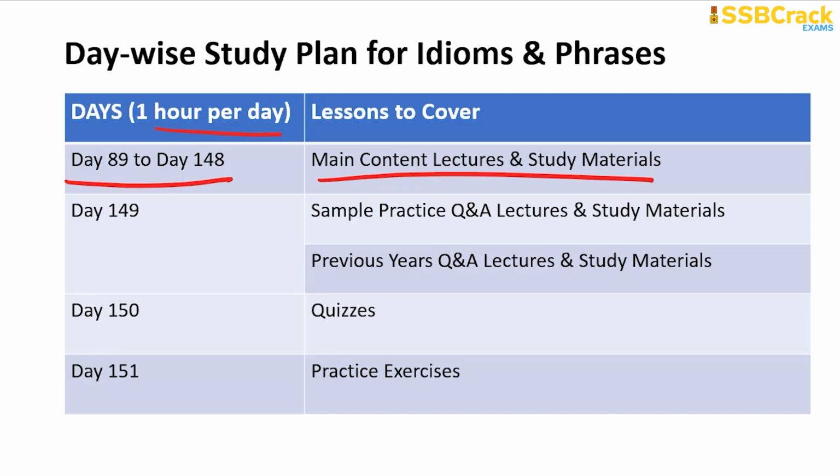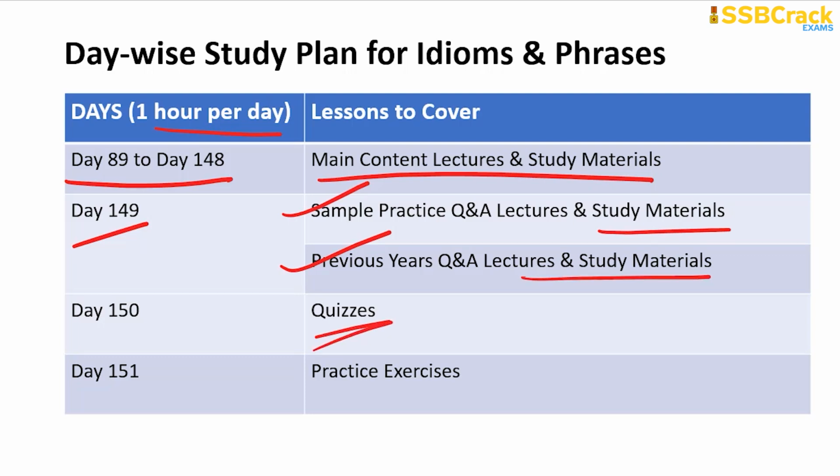I have given lists of idioms and phrases under different categories, so you can cover 2-3 categories per day in order to follow the time span. In day 149, you need to cover the sample practice Q&A lectures and previous year's Q&A lectures along with their study materials for idioms and phrases, right?